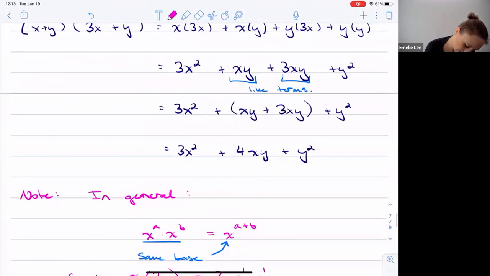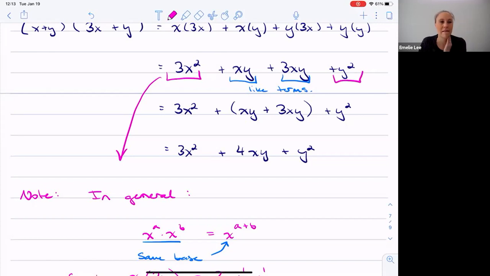That was a little side note, and the same applies to y squared. We'll come back to exponent laws, but for now, that's all we need to know.